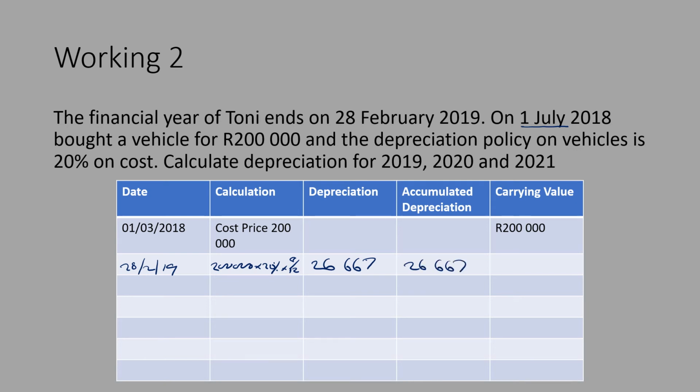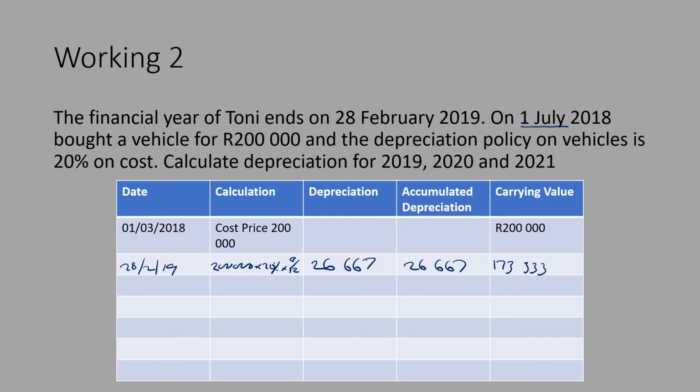Then the carrying value will be 200,000 minus 26,667, which gives you 173,333. That was for the first year.